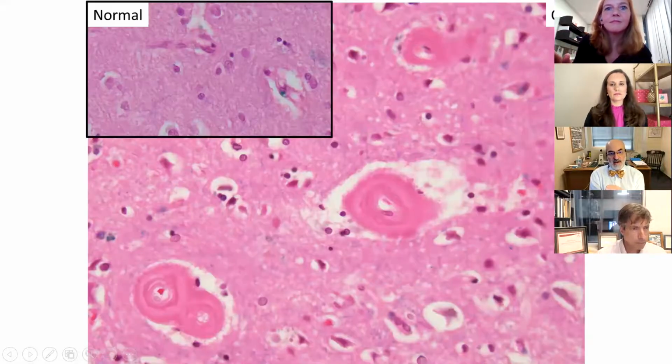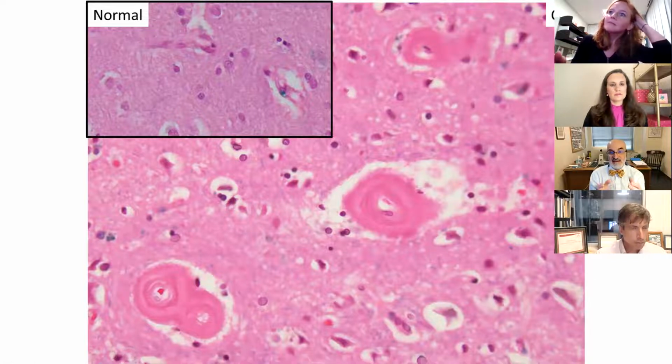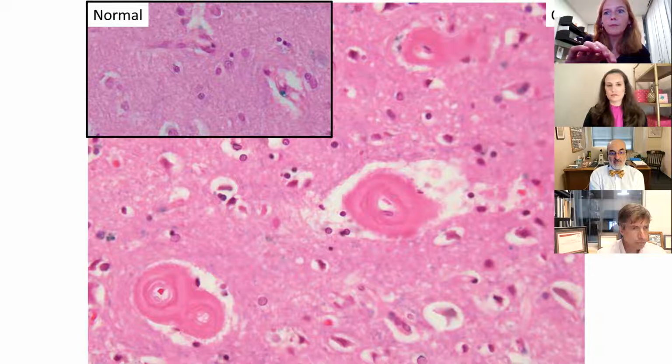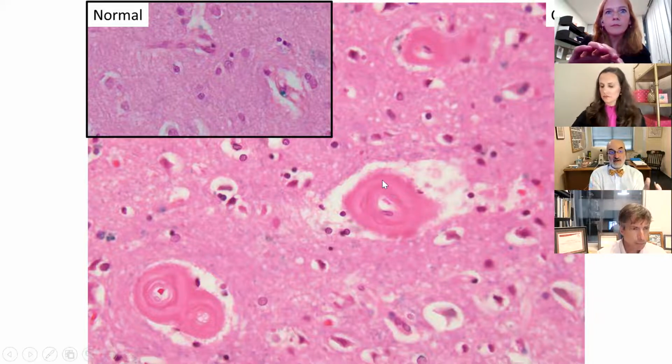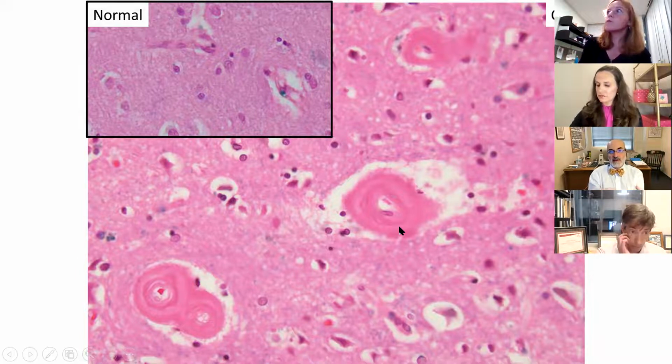And if we go to the next slide, this is an abnormal, this is someone with bad CAA. And if you look at those vessels, you can just see how thick they are. Compare them to how thin the wall is in the vessels from the person without disease up there. And the other thing you can see is that the cells that are normally there are gone. So the blood vessels normally have a muscle cell in their wall that allows them to open up and get tighter.